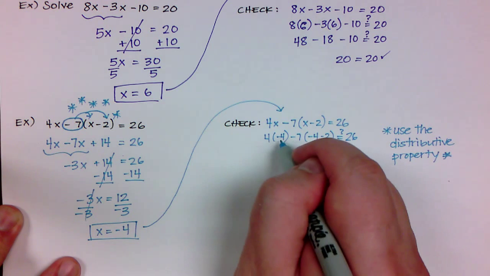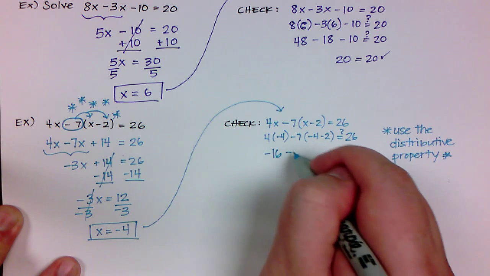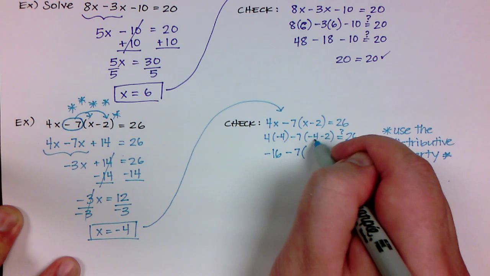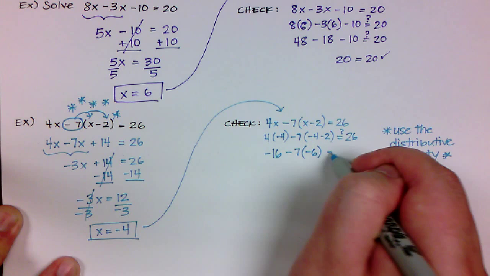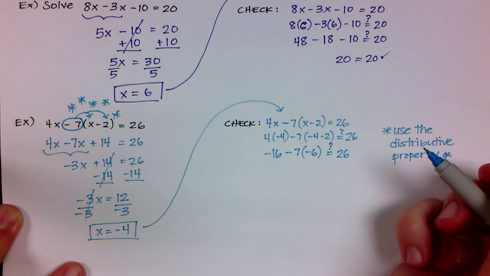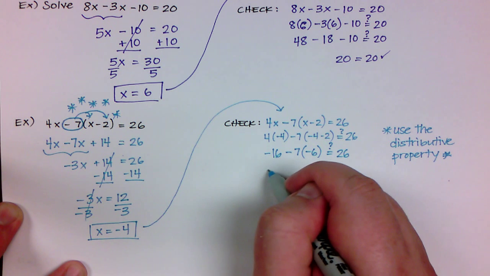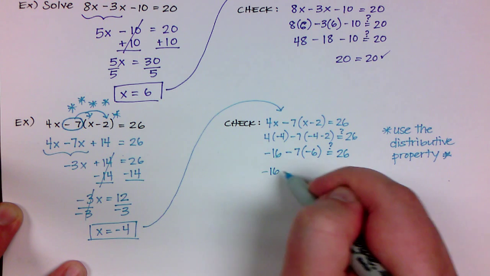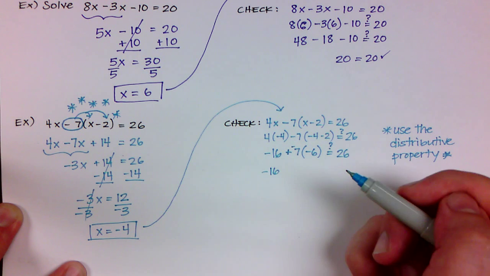So here we go. 4 times negative 4, that's negative 16. Minus 7 times negative 4 minus 2, which is negative 6. Is that still equal to 26? Doesn't look like it so far, but maybe it is. Now I have negative 16. And this right here I'm going to turn to plus negative.